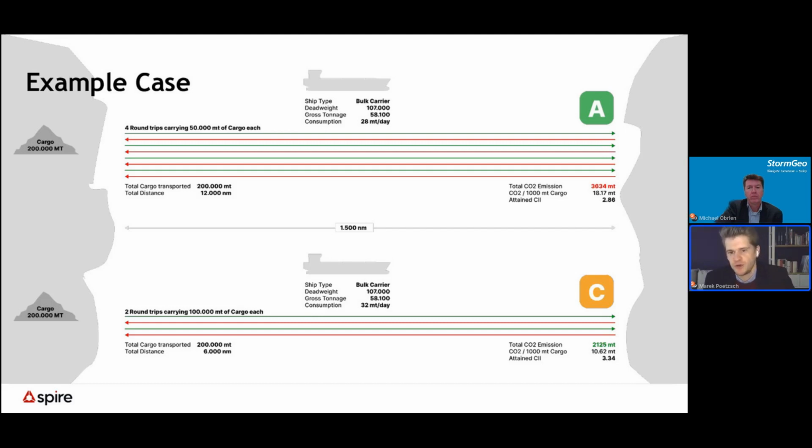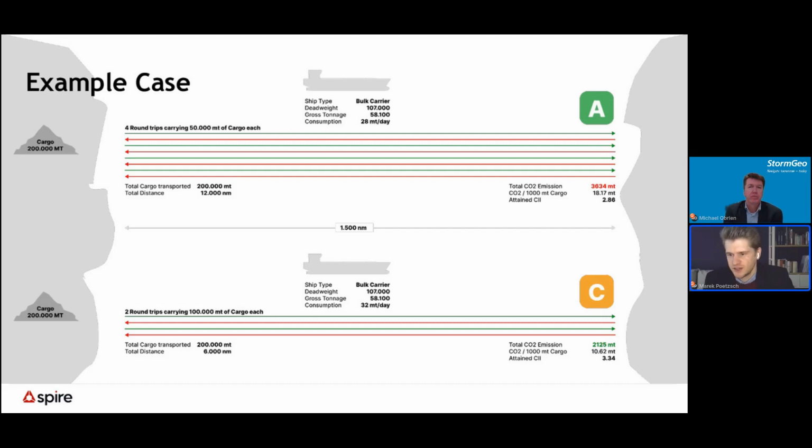And if we compare, for example, transporting a fixed amount of cargo, in this case I have here an example of 200,000 metric tons of cargo that would need to be transported, by 2 cases, in the top and in the bottom, twice the same ship, but one ship only loading half, basically loading the vessel only to half its capacity, and therefore having a potentially lower consumption, but making more trips, versus a ship that is fully loaded and potentially consuming more fuel, but having fewer trips because, being fully loaded, it is able to transport the same cargo more quickly.